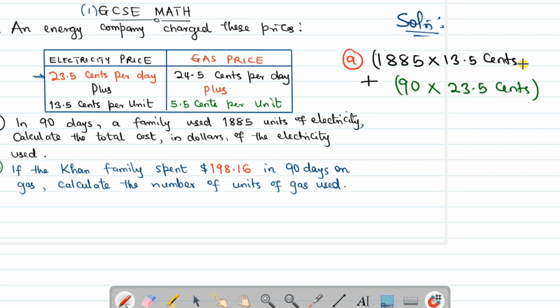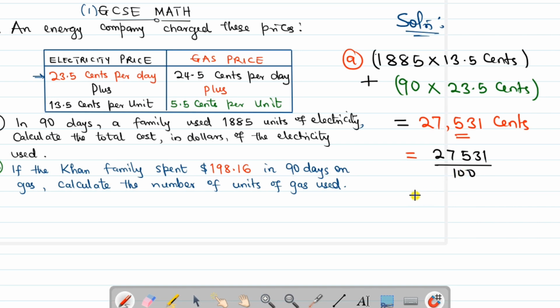We multiply these values and then add them to get the total amount these people will pay in cents. Remember, we are still in cents here. However, the question says we should have our answer in dollars, so all we need to do now is divide by 100, remembering that you have 100 cents in $1.